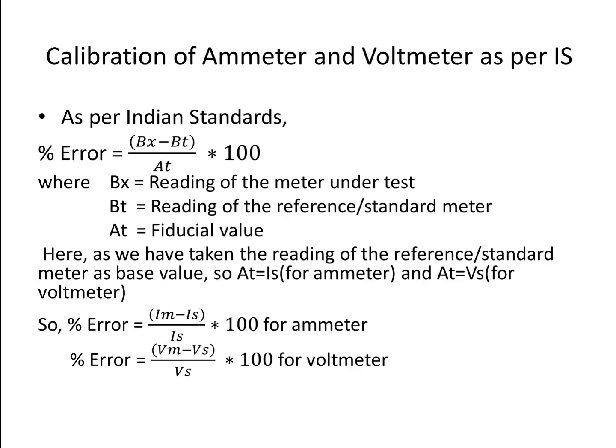If the error is positive, it means that the test meter gives a higher reading than the actual value of the quantity being measured. Similarly, if the error is negative, it means that the test meter shows a reading which is less than the actual value of the quantity being measured. So, error can be positive, negative as well as zero.